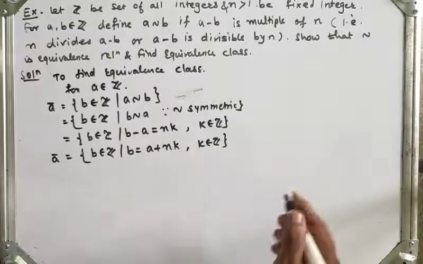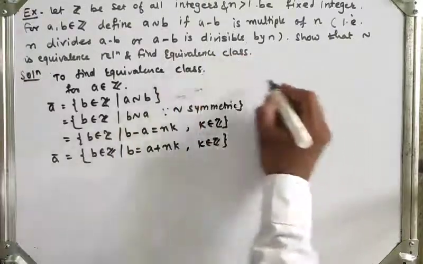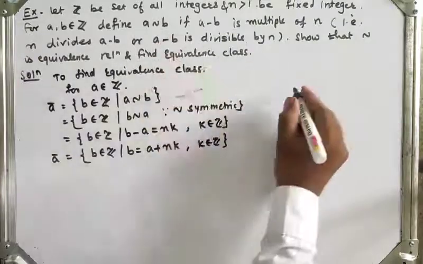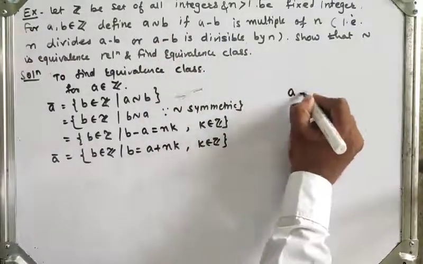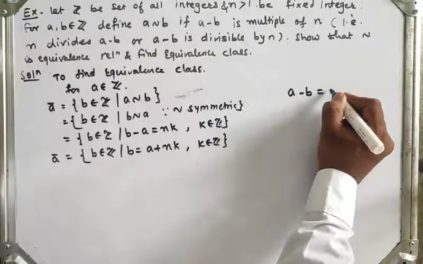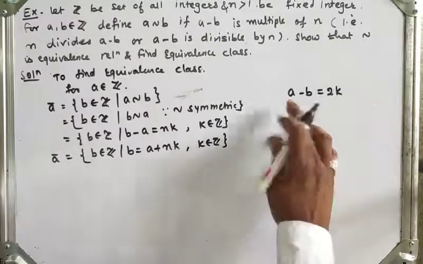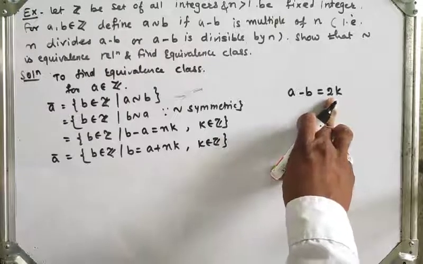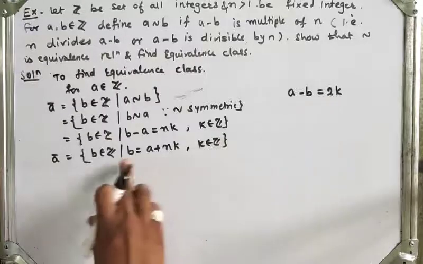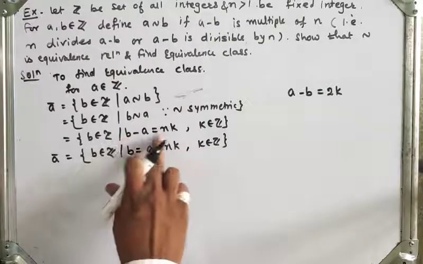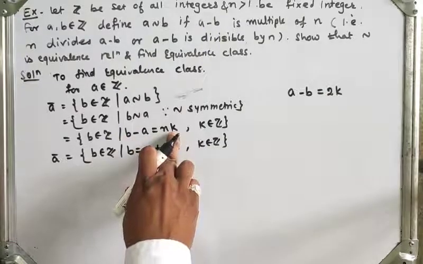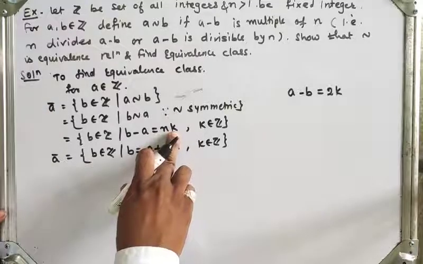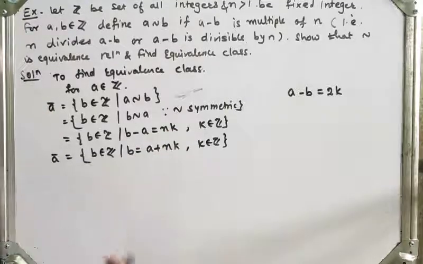In the previous example we saw that A minus B is even. A minus B being even means it is always of the form 2k, so A minus B is equal to 2k, and it has two different equivalence classes. Here B minus A is equal to nk, so in this example there are a total of n different equivalence classes.